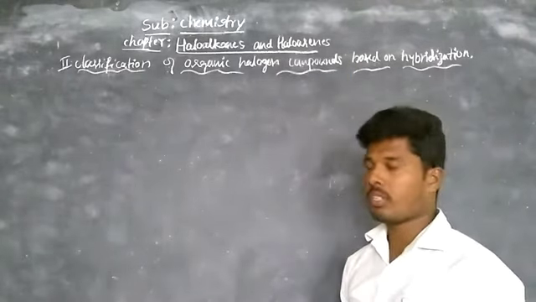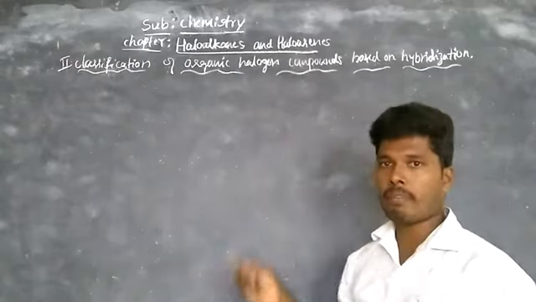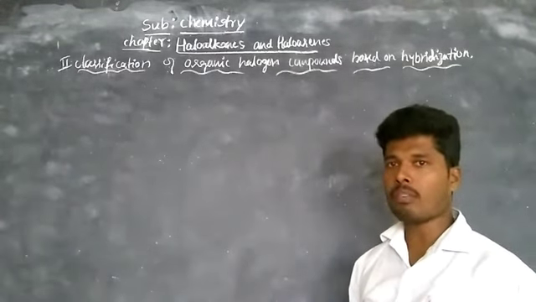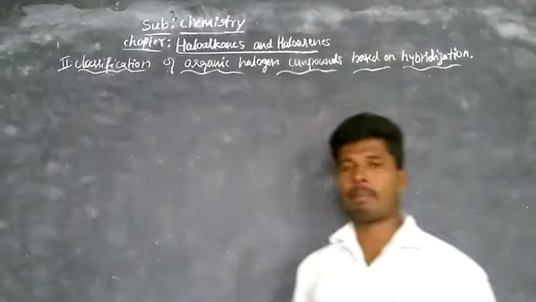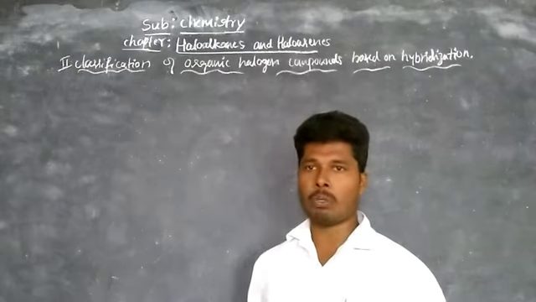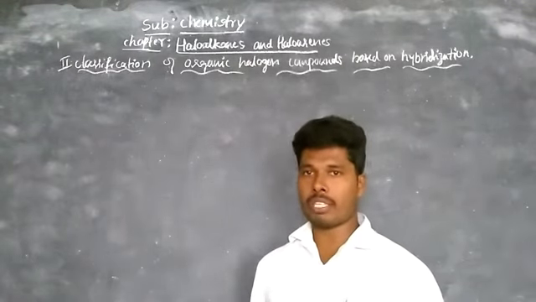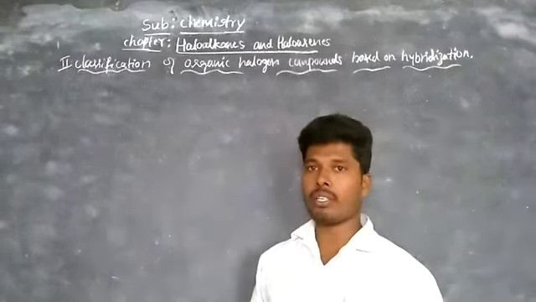Similarly, this is the second classification, that is classification of organic halogen compounds on the basis of hybridization. Here, the halogen atom is attached to the carbon atom, which is either sp3 hybridized carbon or sp2 hybridized carbon. Based on that nature, we classify them into two types.